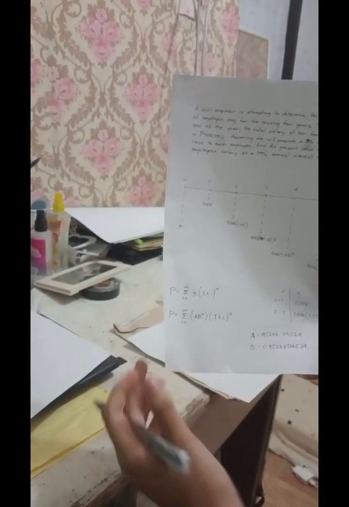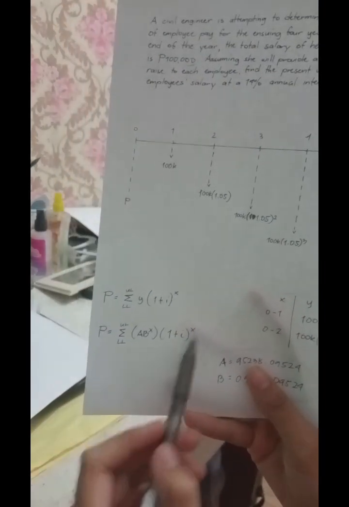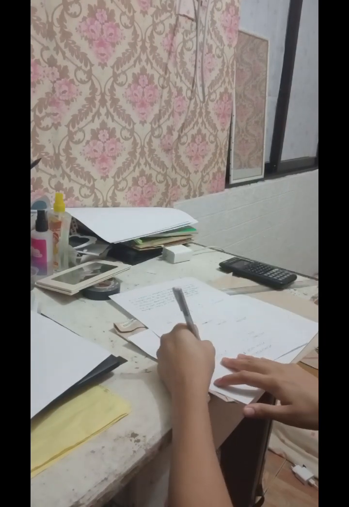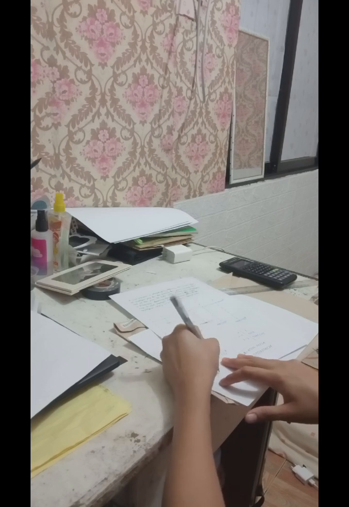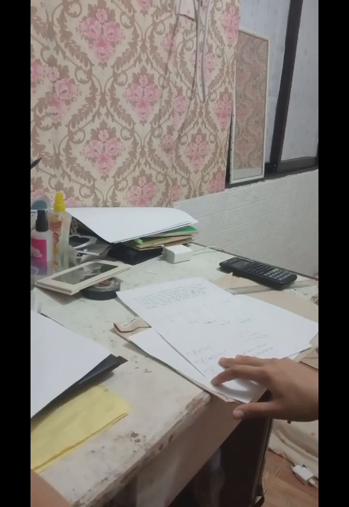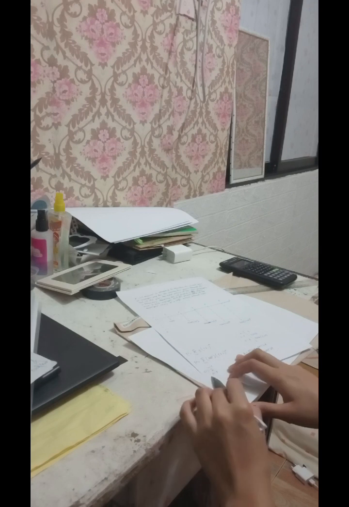Where do we get the total amount? This formula is what we use. P is equal to the summation, the upper limit is 0 to 1 and the lower limit is 0 to 5.